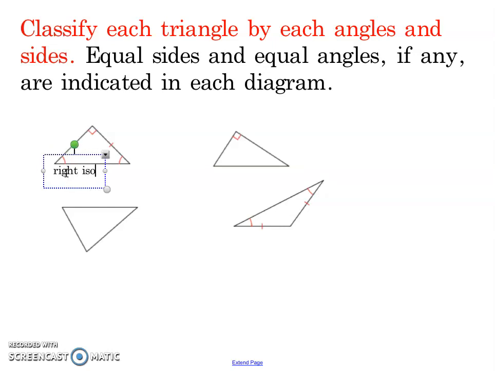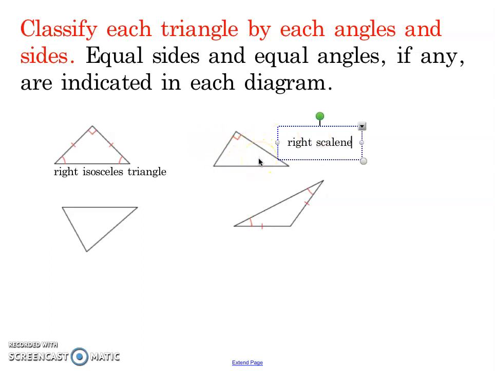So it's a right isosceles triangle. Okay? If we look at the next one, it has a right angle as well, so it's right. And then if we look, there's no sides that are equal, so it's a right scalene triangle.